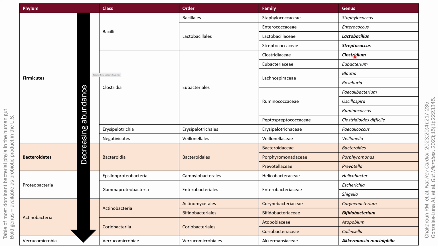Occasionally, some products may include Streptococcus and Clostridium, so you just have to read the label to see if they include them. Currently, there aren't any probiotic products on the market that have Bacteroidetes. Some products have Bifidobacterium, and again, Bifidobacterium has many different species, so you will have to see if they're included. And in recent time, there is one product on the market that has Akkermansia available.